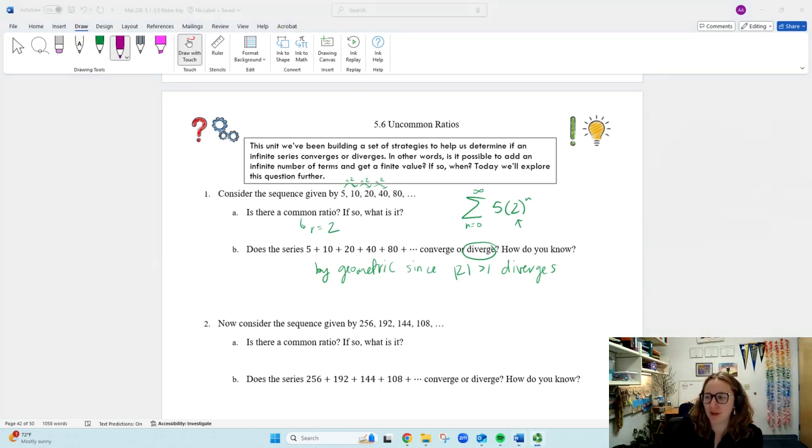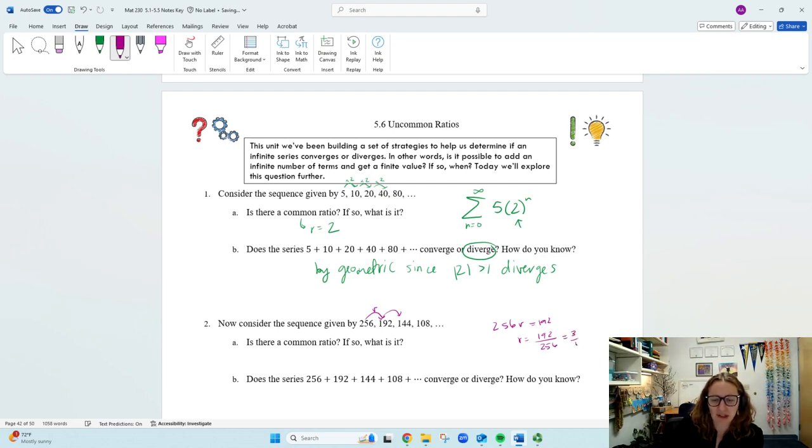Already with number 2, I'm a little perplexed because I don't know what I could multiply by, so I could do a little quick math over here. If I multiply this by something, my common ratio, to get 192, then I could actually solve for what that r value is, what I have to multiply by, and it looks like a crazy number.